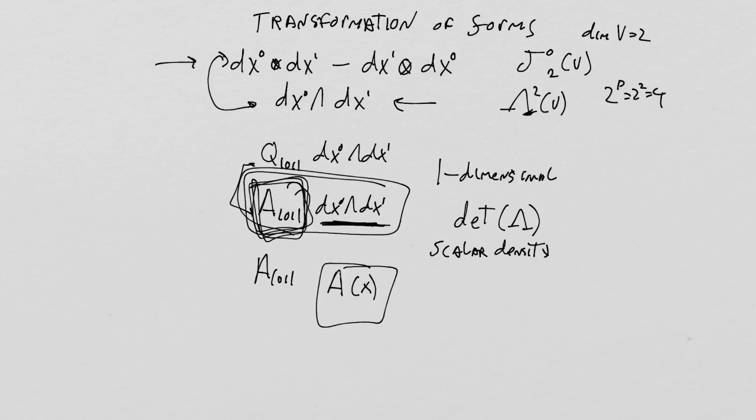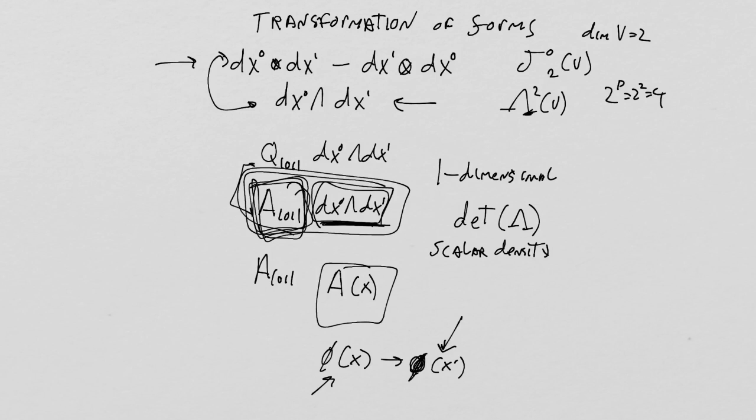but unlike a normal scalar function on the space-time that doesn't carry this thing around, a normal scalar function, when it transforms, it just transforms without any change. The value of that scalar function at x is exactly the same as the value of that scalar function at x prime after you change the coordinates.